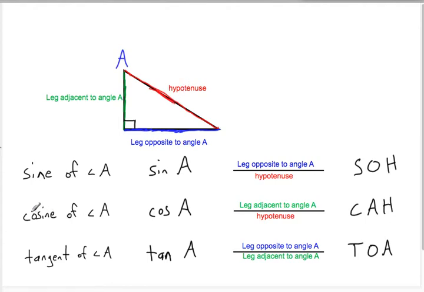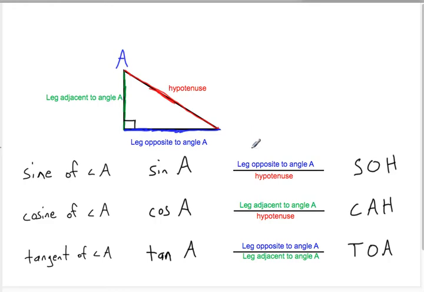And the cosine of angle A is defined as the ratio of the adjacent leg divided by the hypotenuse. The tangent of angle A is the ratio of the opposite leg and the adjacent leg. Okay? And given a specific angle, these will always be the same.